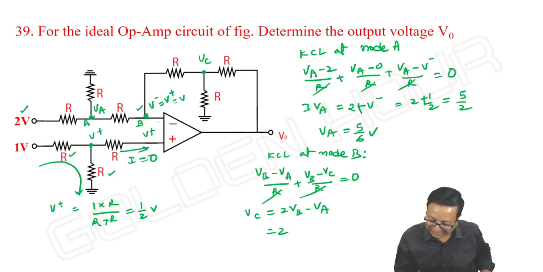Okay, V minus. Let me write V minus instead of VB. If I give more notations, students will be in confusion. Instead of VB, I write V minus.